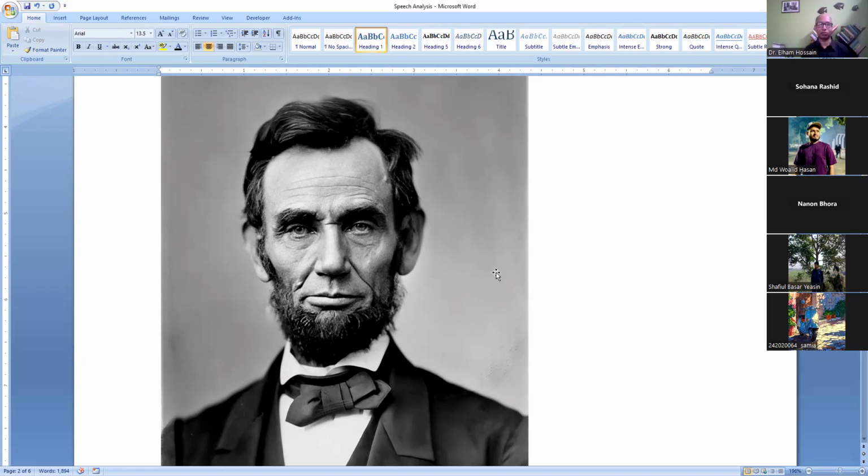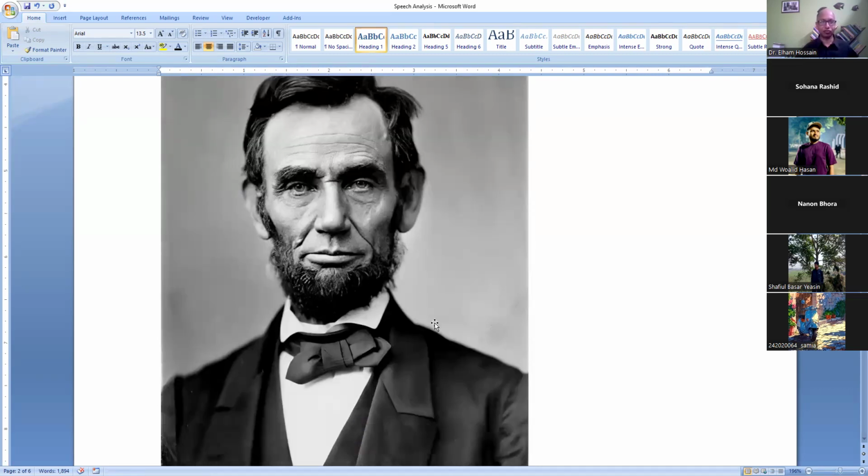He was a great president. And he had also a philosophy to bring all diverse people together in a single platform. So he's a great personality, widely acclaimed, widely respected all over the world. This is Abraham Lincoln.